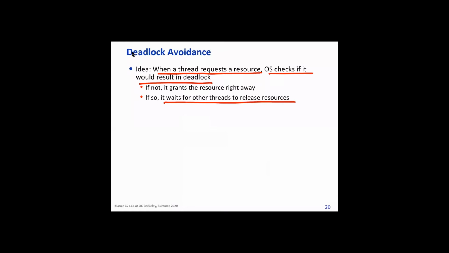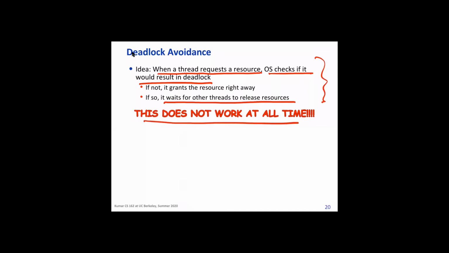Basically, hold the thread that's asking for resources for some time until resources are available from other threads. This is one solution that works most of the time, but it doesn't work all the time. Now at every instant we are taking this decision, and sometimes it may still not work.